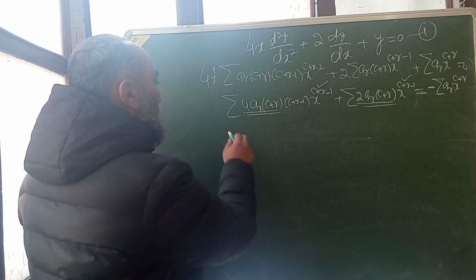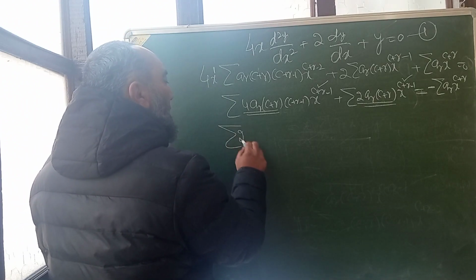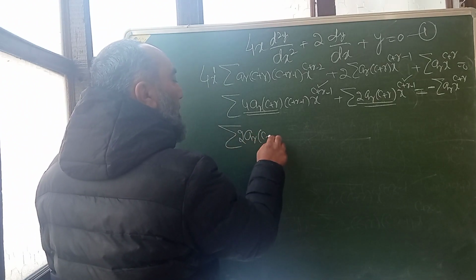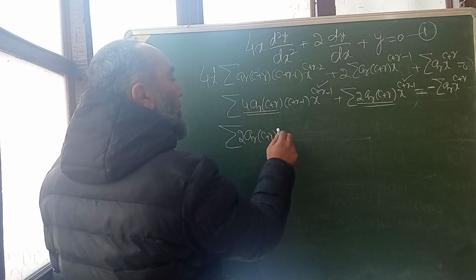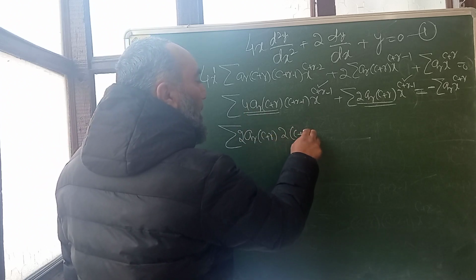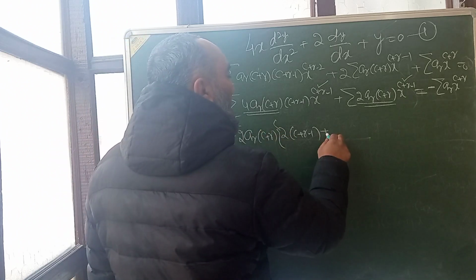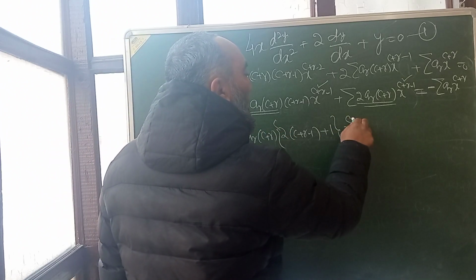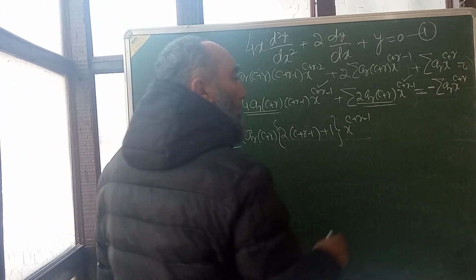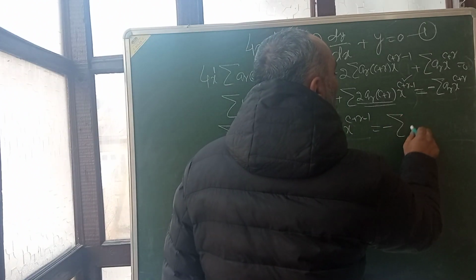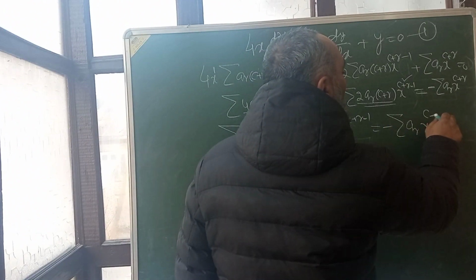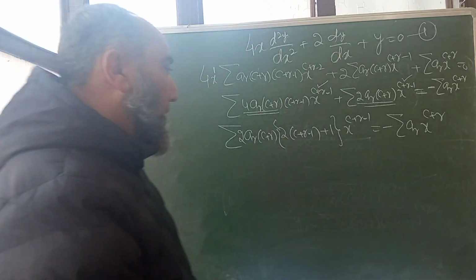So this is summation twice ar. What remains is (c plus r) times (2 times (c plus r) minus 1 plus 1) x raised to the power c plus r minus 1 is equal to minus summation ar x raised to the power c plus r. Okay.